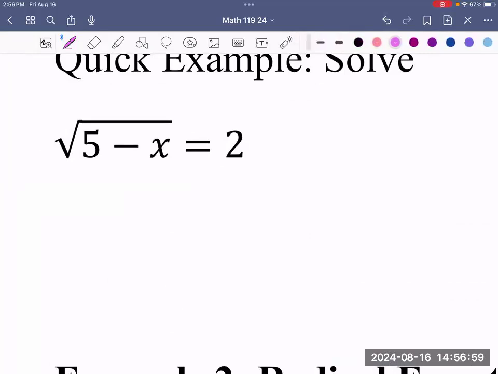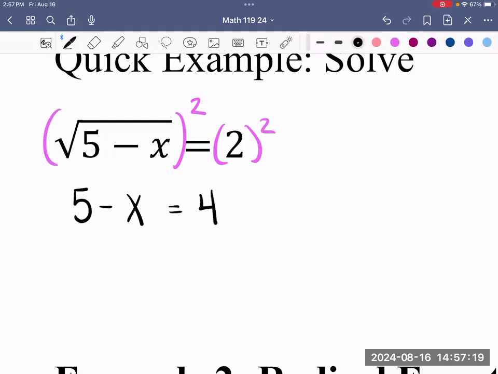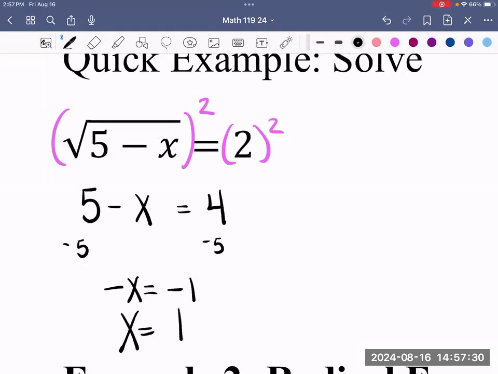This variation is really nice because all it takes to undo the square root is to square both sides. This will allow us to rewrite our expression without the square root sign, and then 2 squared is 4, and then we can go ahead and solve. Perhaps you subtract 5 from both sides. So then x is equal to 1.